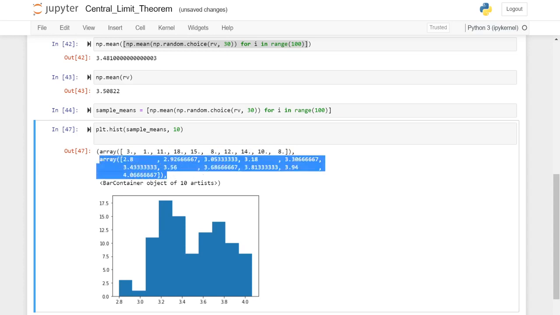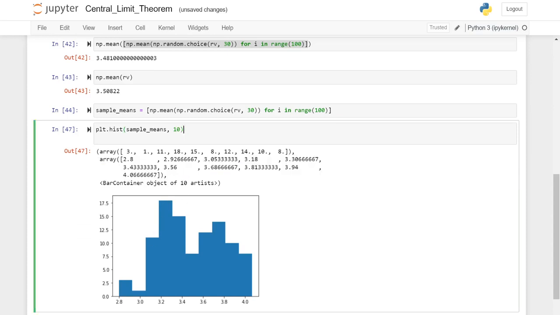And what is this y1? y1 is basically the numbers that are there in the x-axis. And in y0, these are the things. So look, 3 here, then 1 here, then 11, this height, 18, this height, 15, this height.